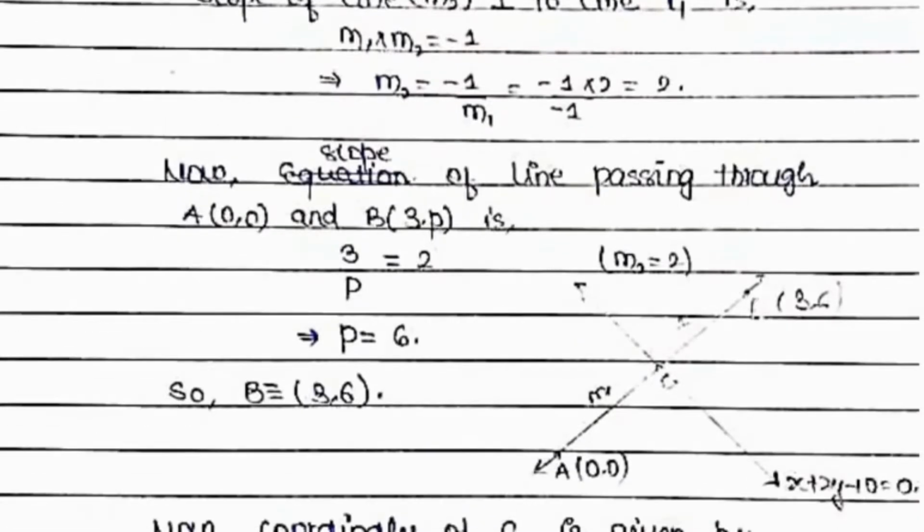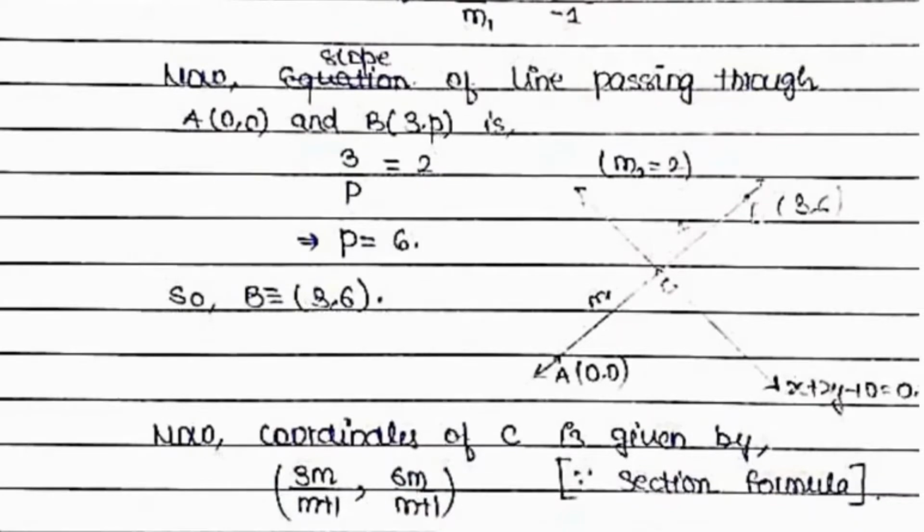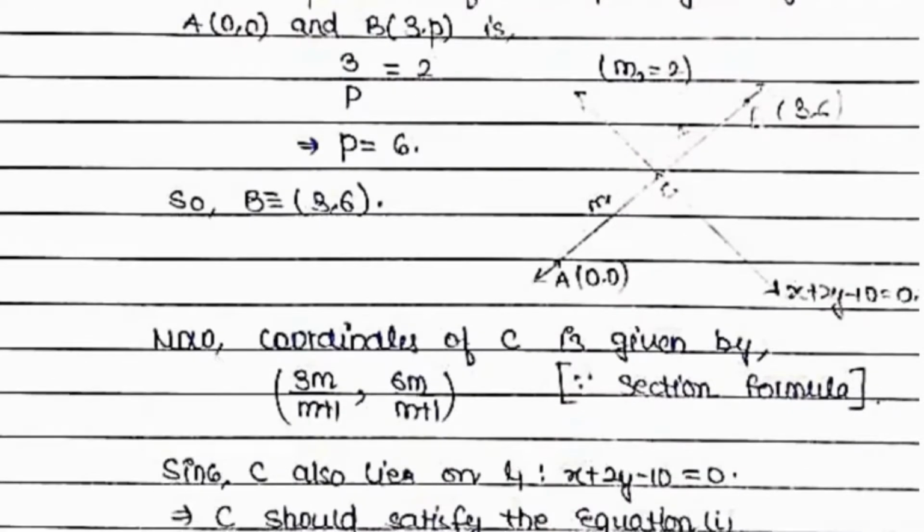Now, the equation of the line passing through A (0, 0) and B (3, p) gives p by 3 equals 2. Therefore, we get p as 6. So B equals (3, 6). Now, the coordinates of C are given by the section formula: (3m upon m plus 1, 6m upon m plus 1).